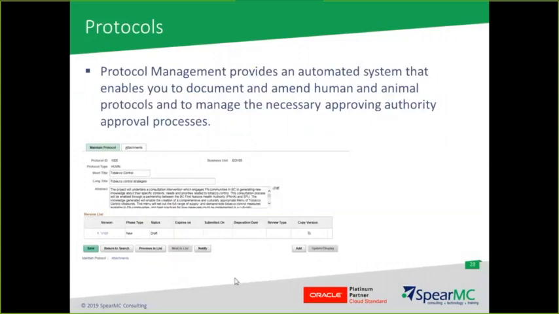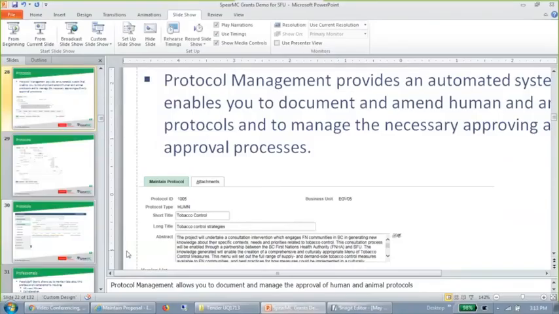Okay, protocols. There's one thing I wanted to talk about before we go into post-award. It provides an automated system that enables you to document and amend human and animal protocols and get the necessary approvals.